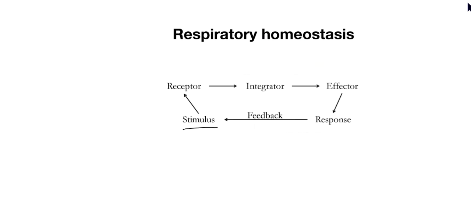And that will basically take them all and come up with a defined response. That effector is going to signal to whatever tissue, whatever muscles are going to enact that response. And hopefully that will counteract that stimulus to reduce whatever that change was. So if you have a positive stimulus, everything will work and that response will help to bring that stimulus back down to its normal set point.